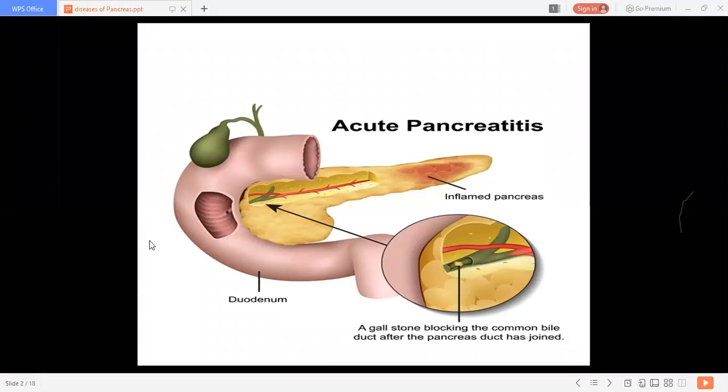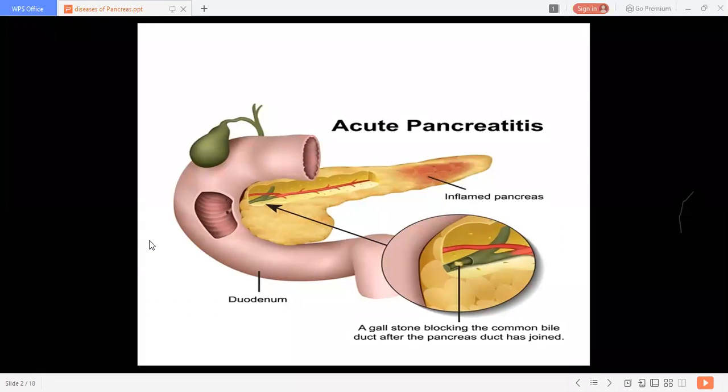There is headache or burning. Burning in acute pancreatitis is much more than in gastritis. The patient is always in shock in acute pancreatitis. These features are more exaggerated than gastritis.